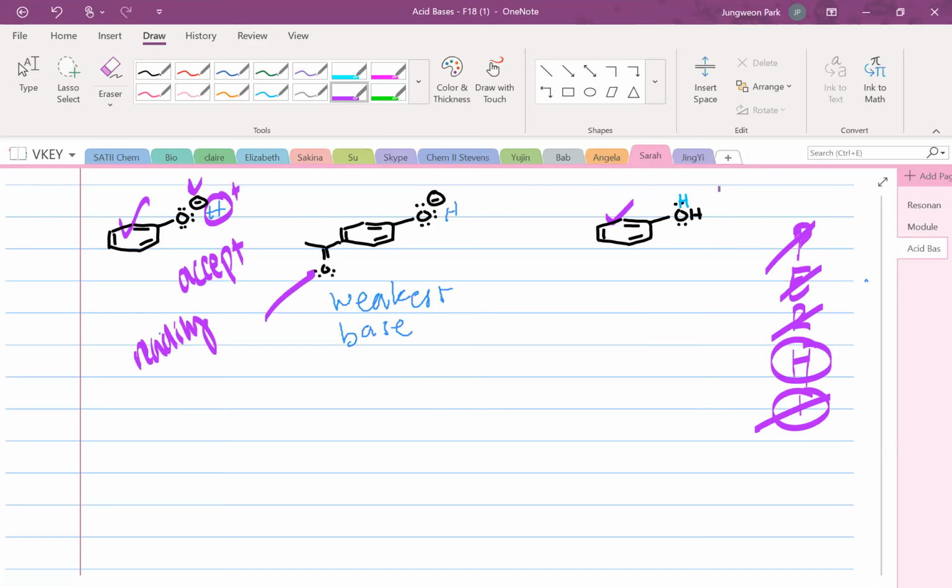By definition, a Bronsted-Lowry base means acceptor of protons, right? So which one is better at accepting protons, 1 or 3? The first one, so this is the strongest. Does that make sense? Yeah. That's all we're saying here. Did that kind of help you? Yeah, it helped a lot.